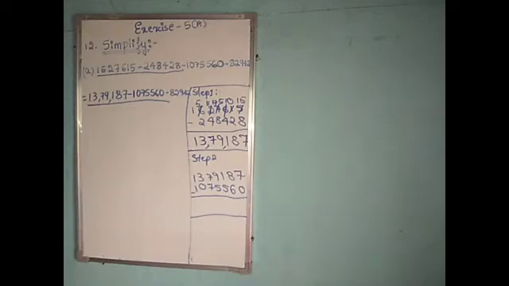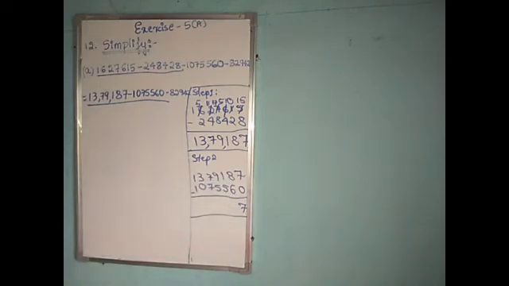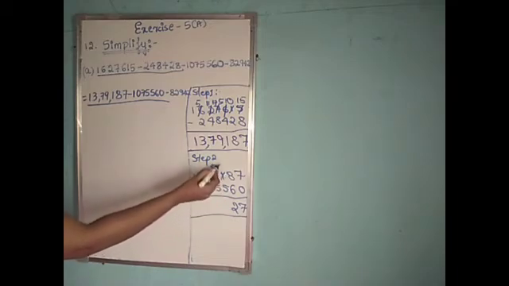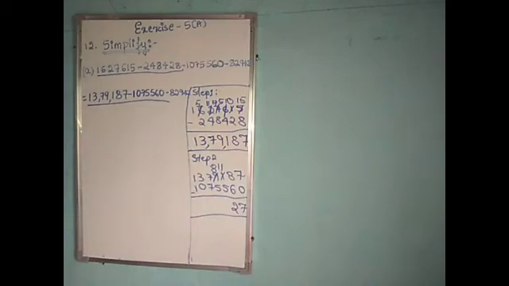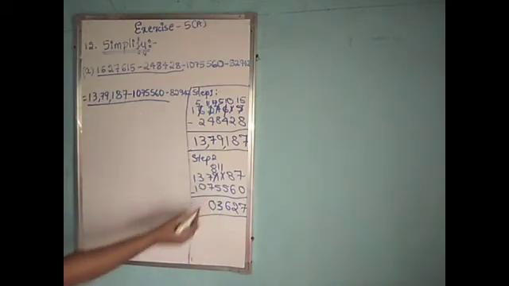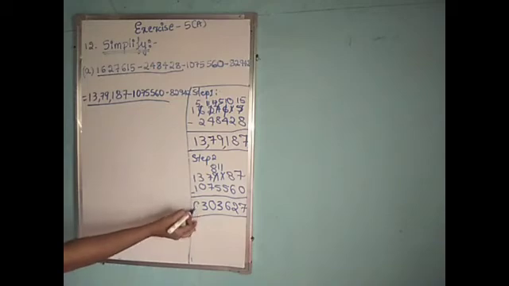7 minus 0 is 7. 8 minus 6 is 2. 1 minus 5, is it possible to subtract? No, it is not possible. So we have to borrow from the next number. Here the next number is 9. If you borrow from 9, then 9 becomes 8 and here 1 becomes 11. 11 minus 5 is 6. 8 minus 5 is 3. 7 minus 7 is 0. 3 minus 0 is 3. 1 minus 1 is 0.